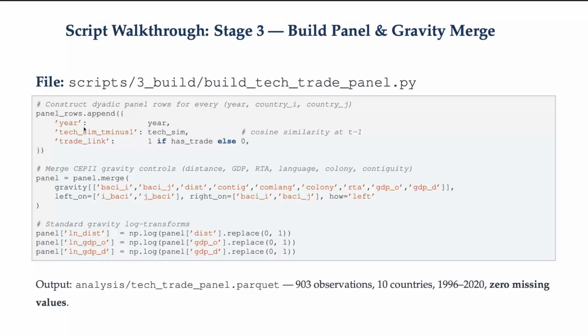And I append the year, technology similarity T-1, and trade link to this data set to make a full gravity model.